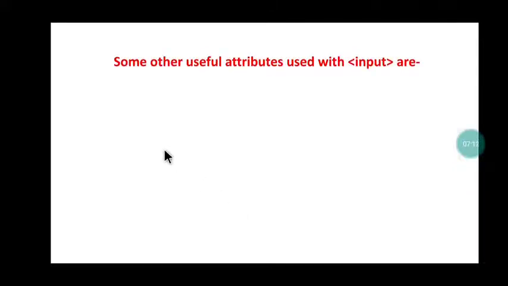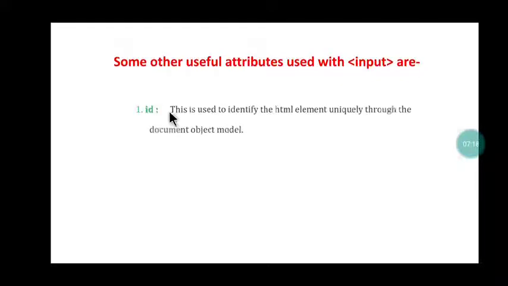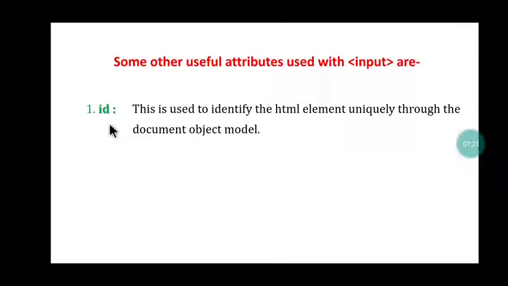Let us see some other useful HTML5 attributes used with the input tags. The first one is ID. It is used to identify the HTML element uniquely through the document object. Mostly we use this attribute when we start writing CSS, cascading style sheets.